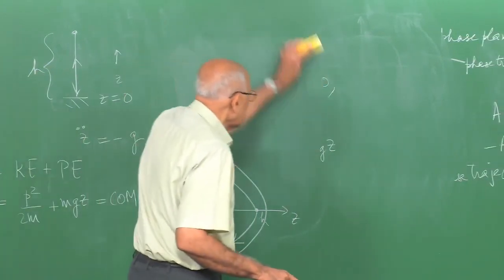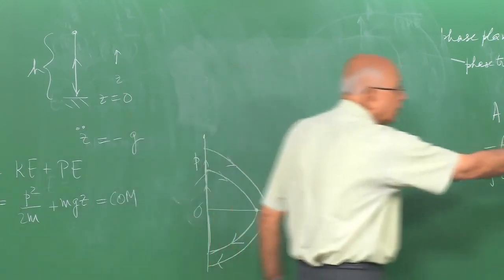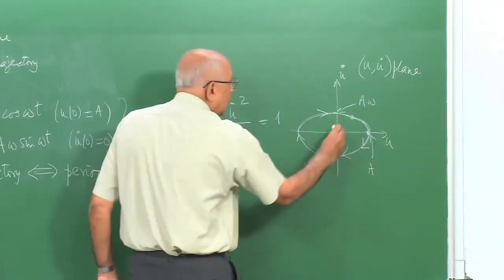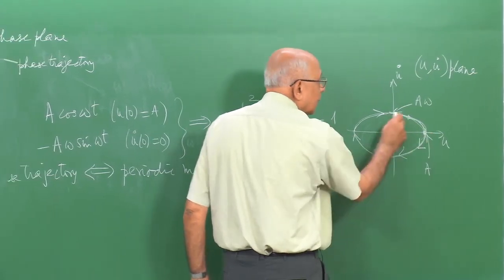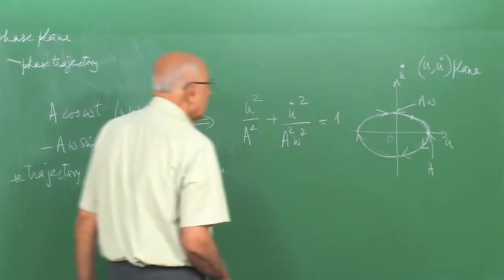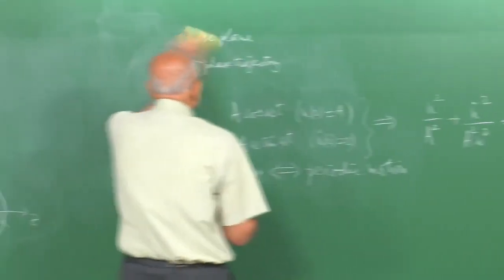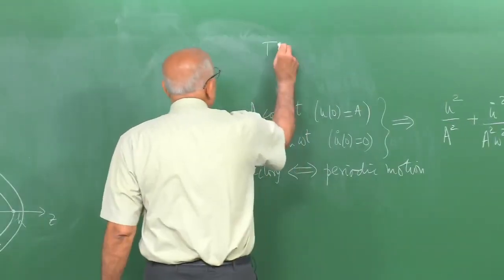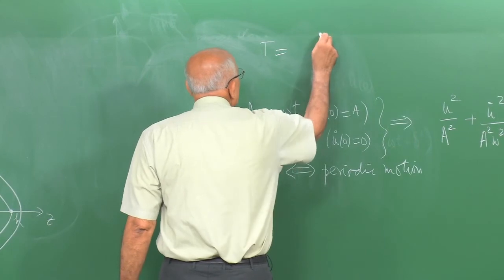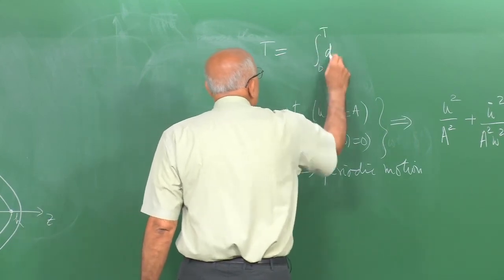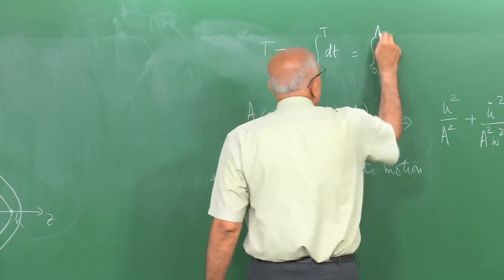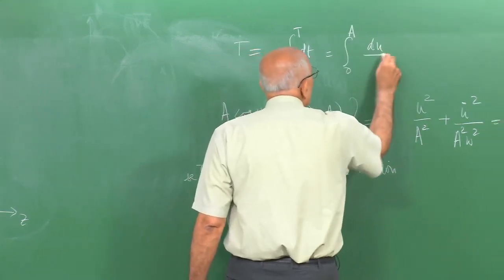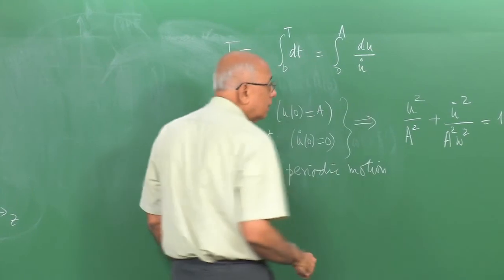For instance, in a problem like this, it is clear by symmetry that the time taken to go from here to here is the same for each of the quadrants, and therefore the time period for this motion T should be equal to integral 0 to T dt, which can be written as integral 0 to the amplitude du over u dot by definition.